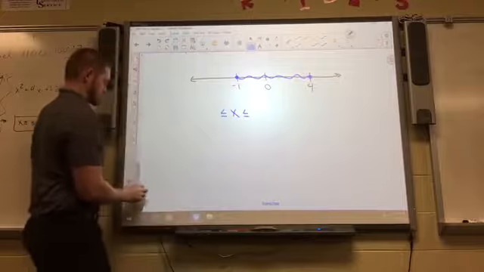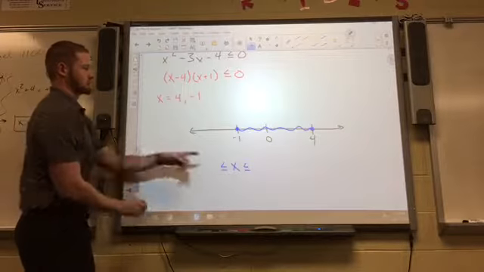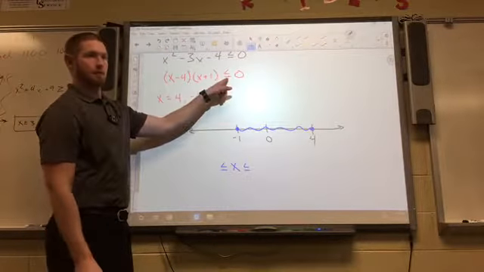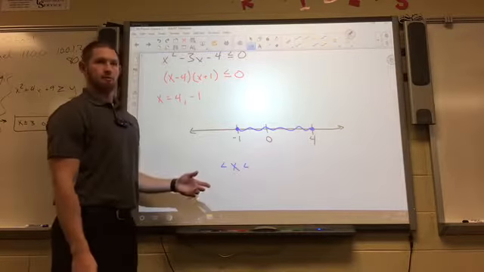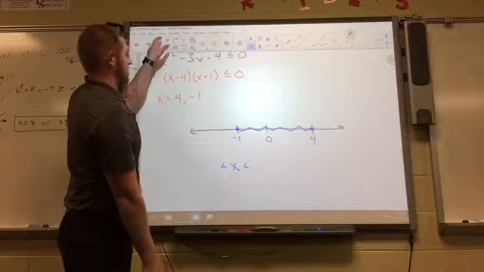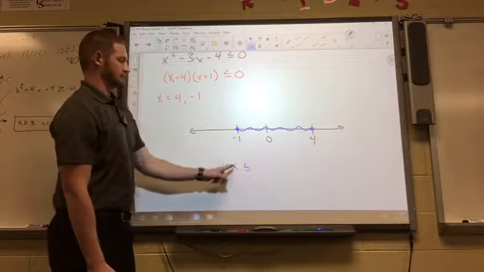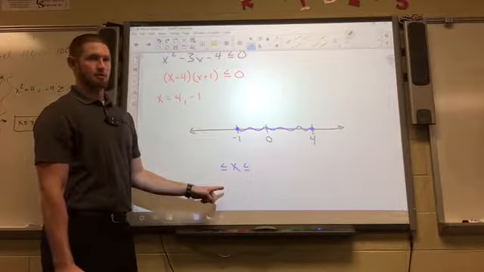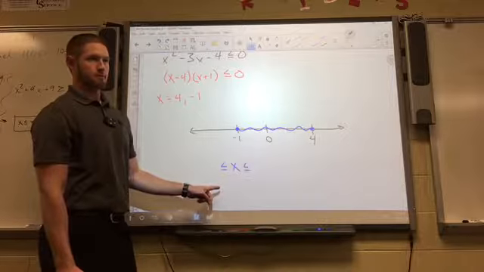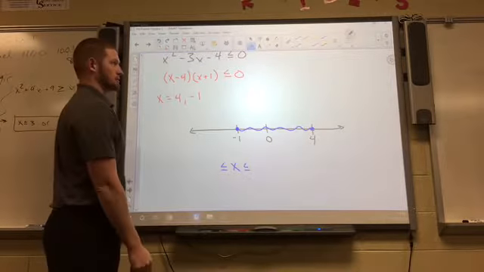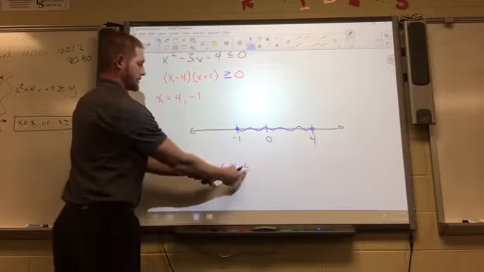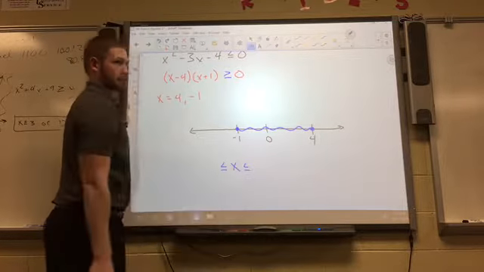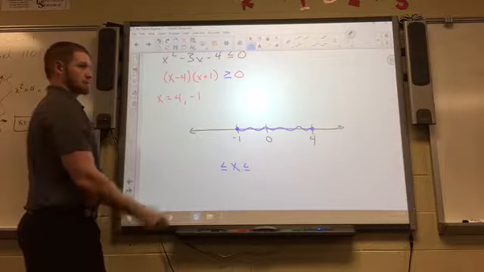I only use less than or equal to because that's the sign here. If there was no equal to, then it would look like that. But they will always be facing these directions on an and statement, every single time. So if it's greater than or equal to in the equation, that's what it's going to look like for an and statement.